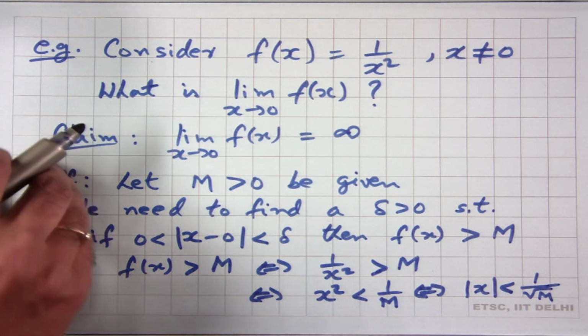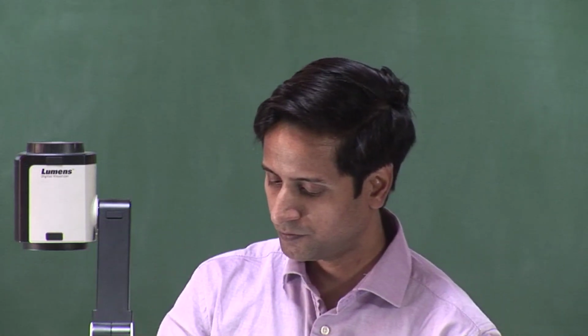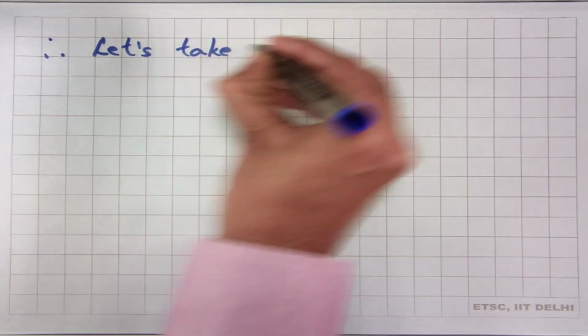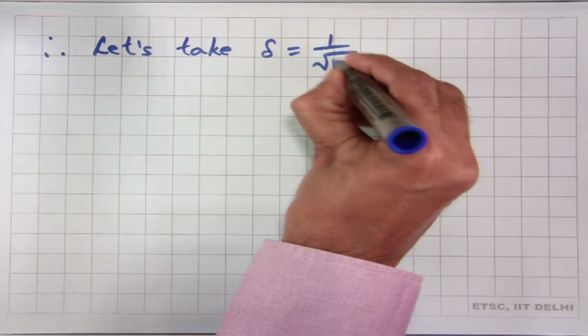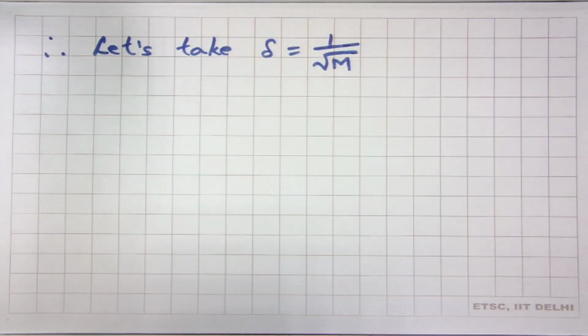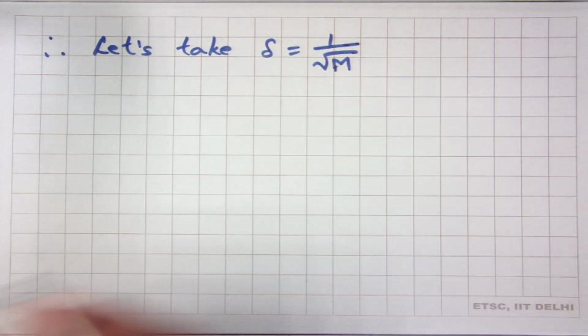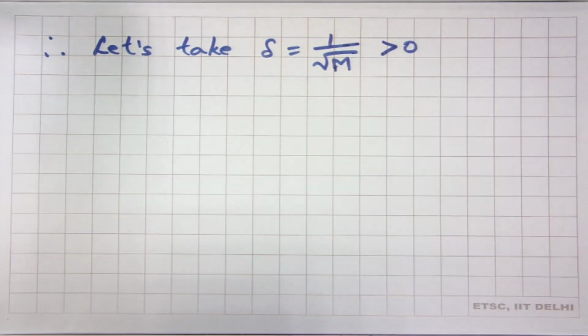So, therefore, let us take delta to be equal to 1 by square root of m. Since m is positive, I can take square root of m, so this is a positive real number.